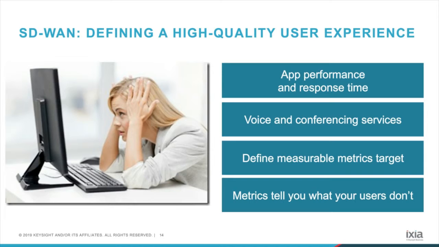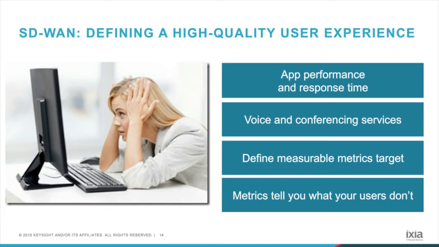So one of the key things when you transition to SD-WAN, like any big network transformation, is that you want to maintain and possibly improve your end user experience. And to do that, what we really help with is defining key metric indicators. So key metrics that will allow you to have some objective measurement of this quality of experience.